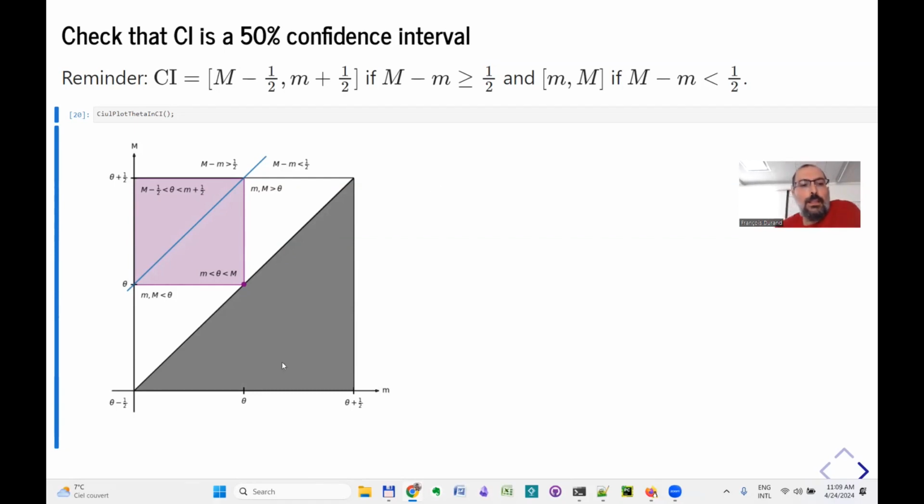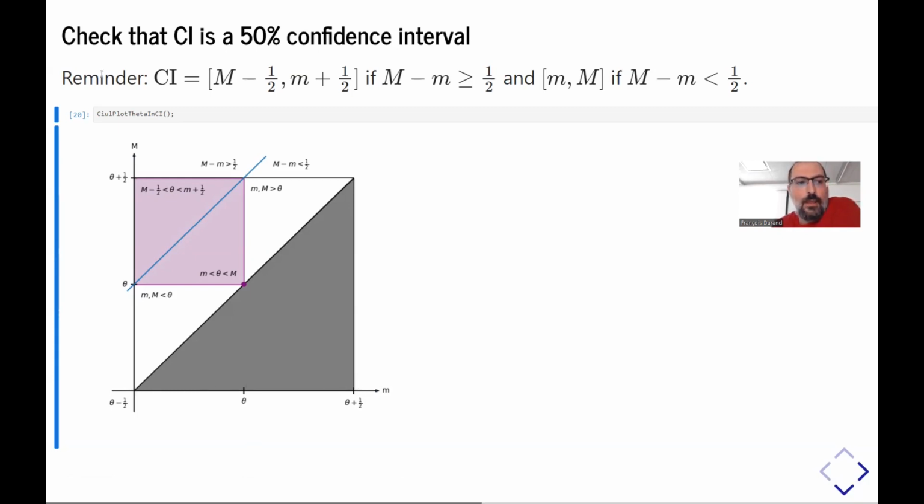So here, even if I don't know theta, I can do a plot with the value of theta and what happens around theta. Okay, so little m can be between theta minus 1/2 and theta plus 1/2. Big M can also be between theta minus 1/2 and theta plus 1/2.